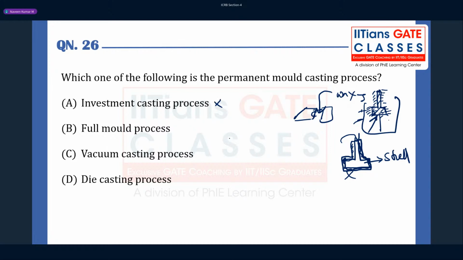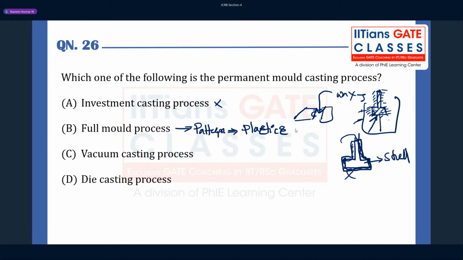Full molding. What is full molding? Full molding is where your pattern is made of some lightweight or low density plastics or polymers. Instead of removing the pattern and then assembling and pouring, you pour the molten liquid directly onto the pattern itself.